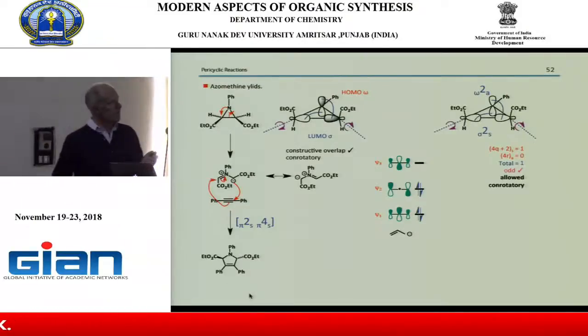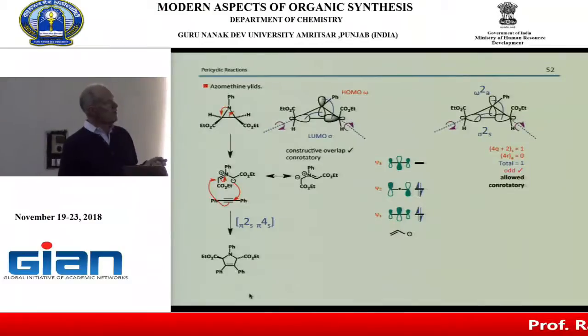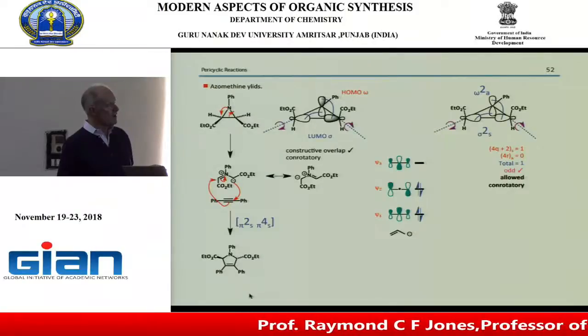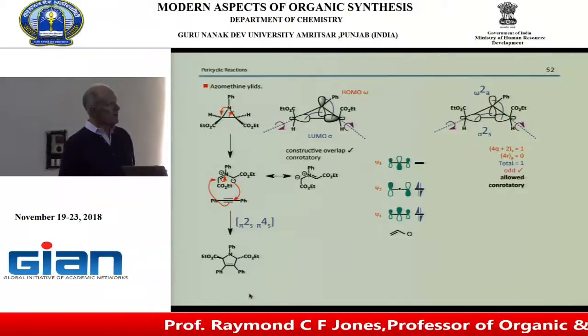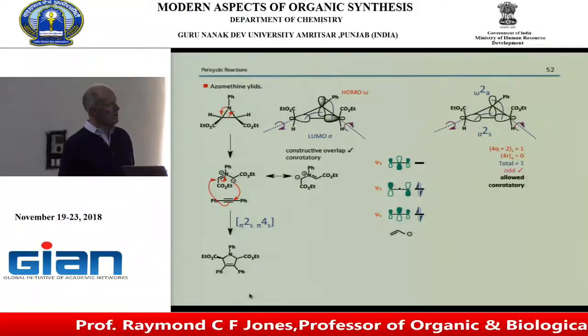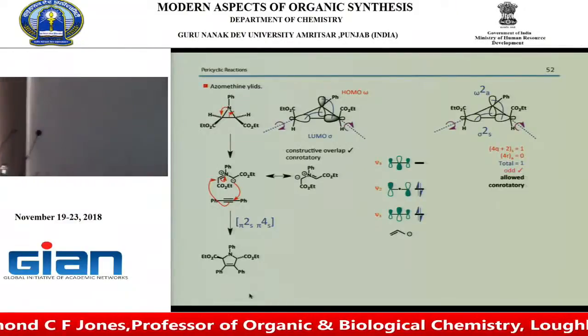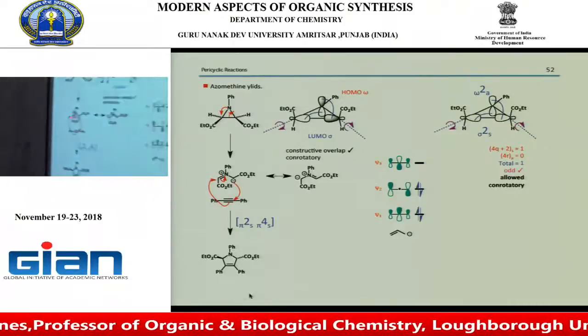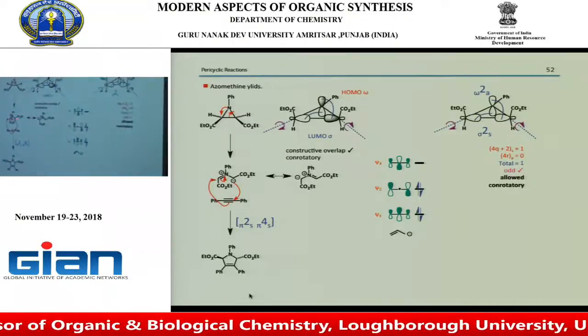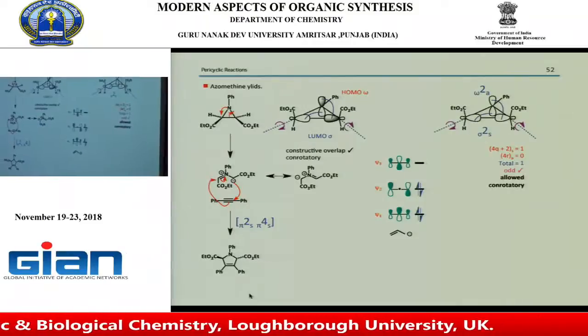So I want to look at some examples using these azomethine ylides where the dipole is going to be a CNC dipole. These are most easy to form when the formal negative end of the dipole is stabilized by an electron withdrawing group. Well, here I've got it on both ends, but at least an electron withdrawing group at one end.